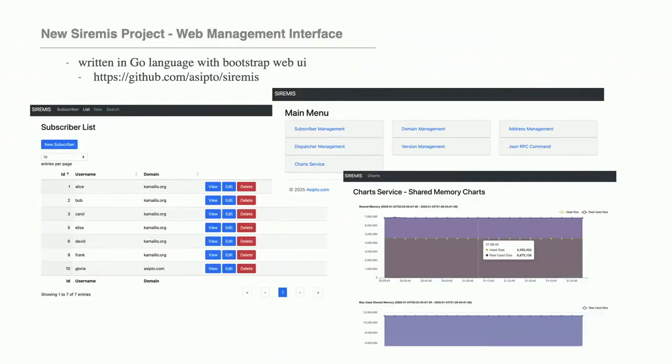Another new thing in our ecosystem will be the new Siremis. We had the one written in PHP, which was somehow sponsored and maintained by Asipto, but it was using some old frameworks, and with PHP 8, it was hard to upgrade. So the decision was to rewrite it, and we went for the Go language with a Bootstrap web UI.